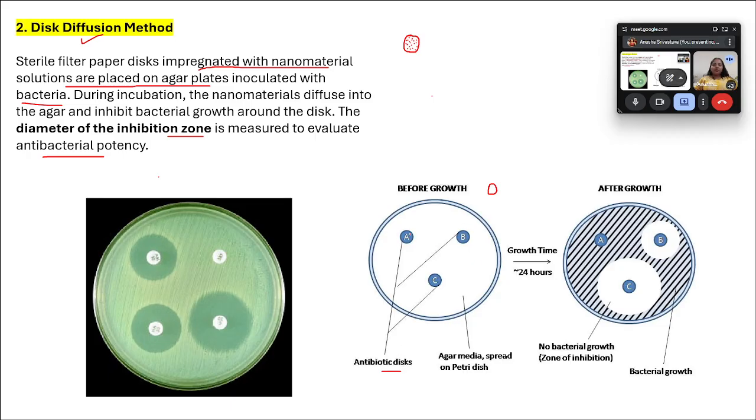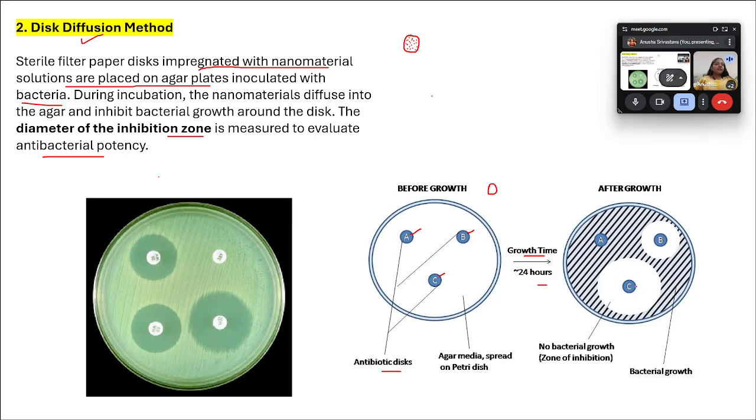Maybe these could be different samples. A is a different antibiotic, B is a different antibiotic, and C is a different one. So, you want to compare the potential of all these three, and then you simply keep it for 24 hours. Now, after growth, you'll see which one has the best potential to inhibit the bacterial growth.